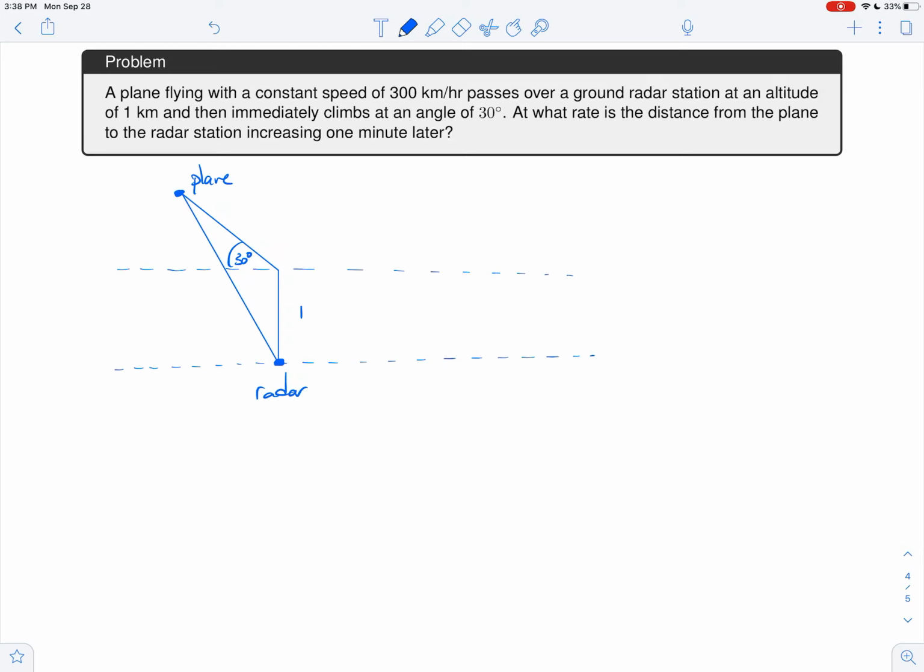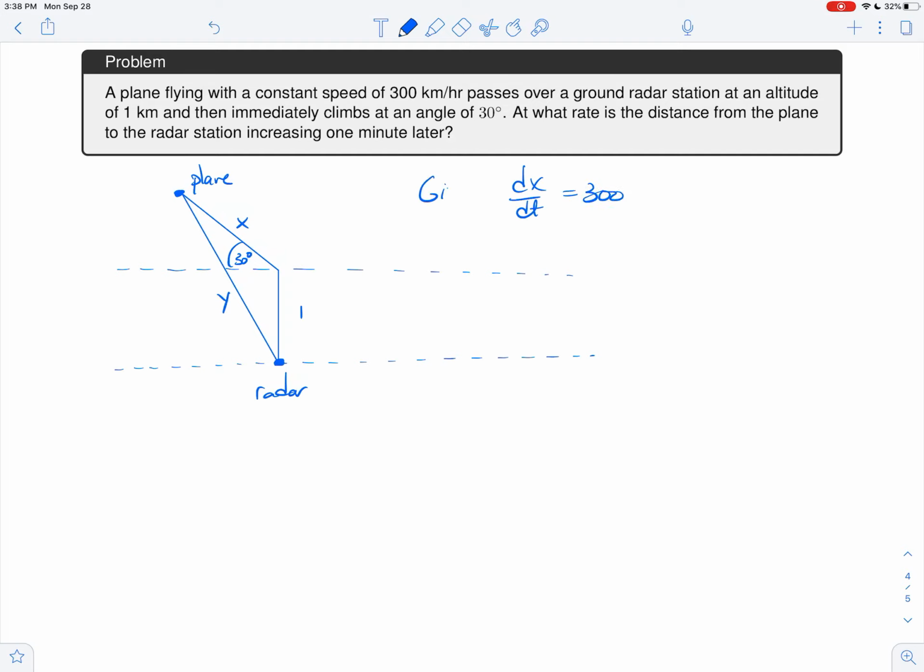You can use different letters. I'm going to call this length x and this length y. And so let's think about what we are given. The plane is flying with a constant speed of 300 kilometers an hour. And so the rate of change of the plane here, the plane is flying along, that's going to be what? Well, you know that dx/dt is 300.